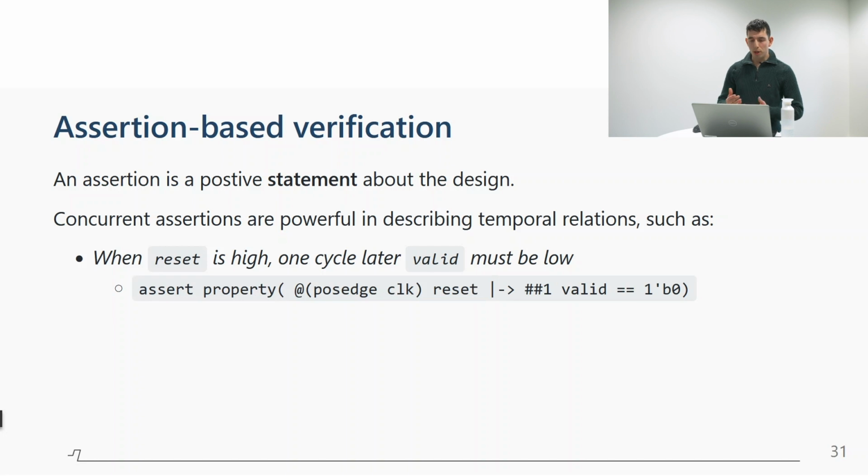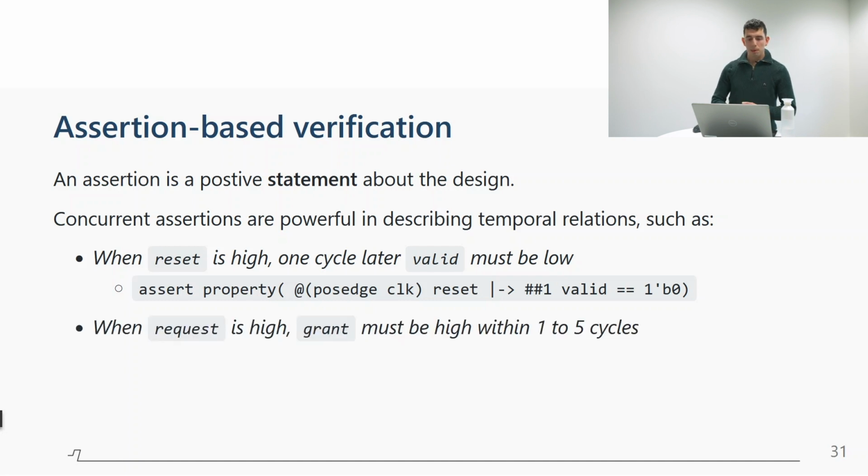Then we assert that when the reset is high, we get an implication operator. So every time the reset is high, the part after this operator must always be true. Here the double hash 1 means a delay of 1 clock cycle. So 1 clock cycle later, valid must be equal to 0. And every time this is not true in your test bench, you will get an error.